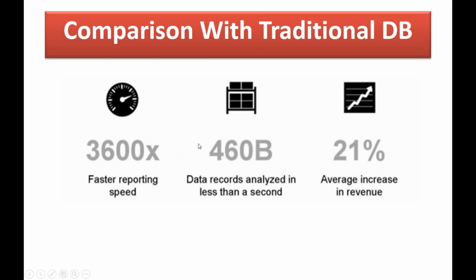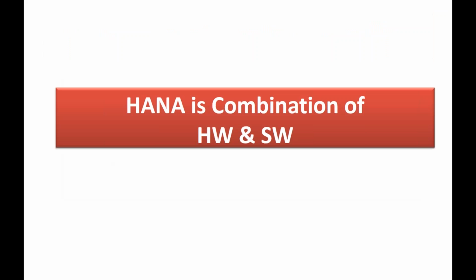It is real-time reporting, 3600 times faster in reporting speed compared with your traditional database system, and 460 billion records have been analyzed in less than a second. Based on this faster performance, organizations saw around a 20% average increase in their revenue. It is a huge difference for organizations. This is why organizations love the HANA system.